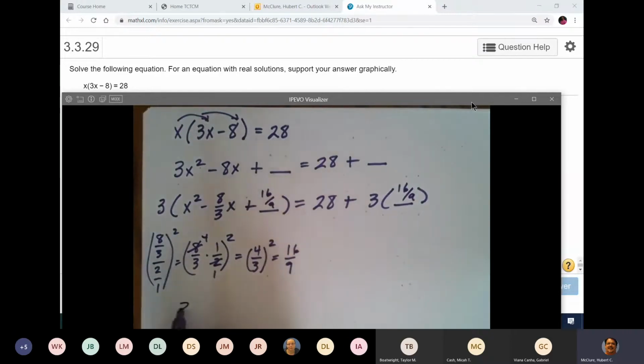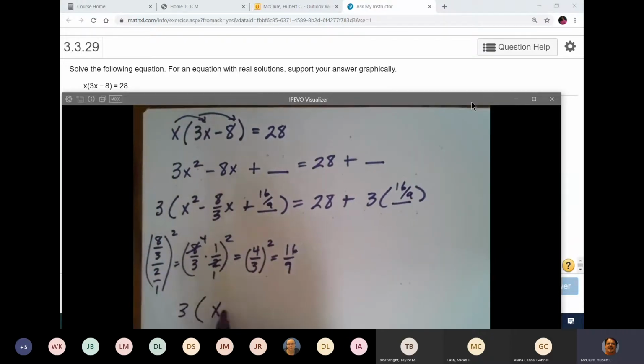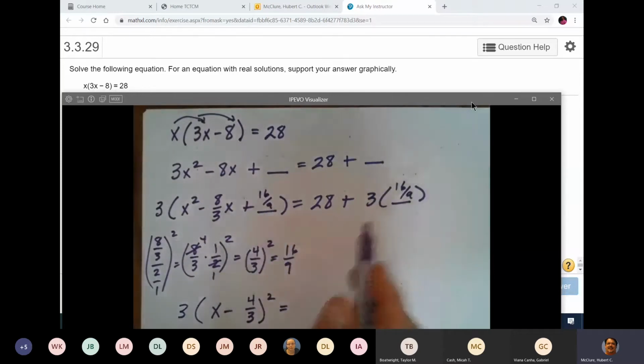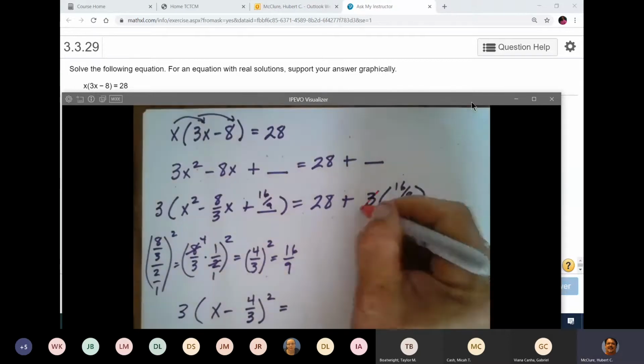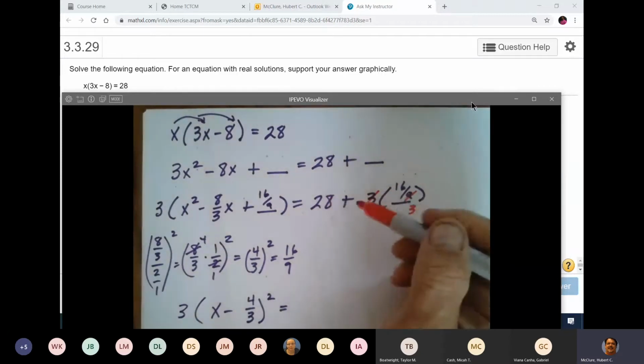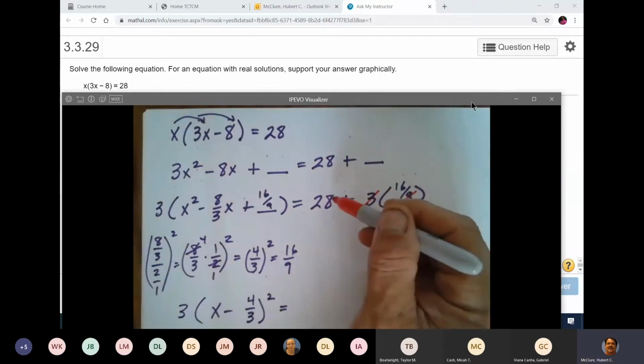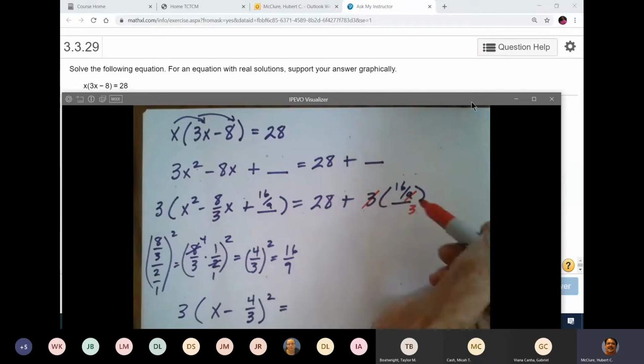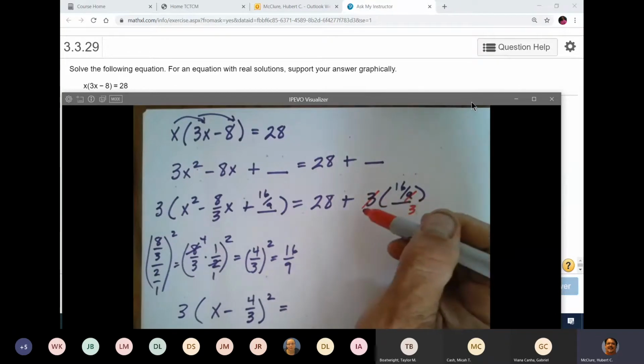And that's going to give me 3 times x minus 4/3 quantity squared is equal to... I'm going to go up here and work on this a little bit. That 3 will cancel with that 9 and leave a 3. And 3 times 28, that'd be 84.